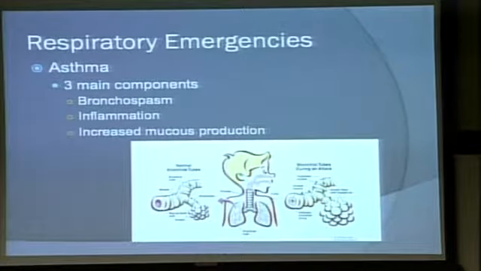Asthma. Your three main components of asthma are bronchospasm, inflammation, and increased mucus production. So I got a little pointer here. Oh yeah, it works. So with normal bronchial tubes and bronchus and alveoli on this side, during the asthma attack, you get narrowing of the bronchi, the alveoli fill with trapped air, because the big problem is can't get air out.